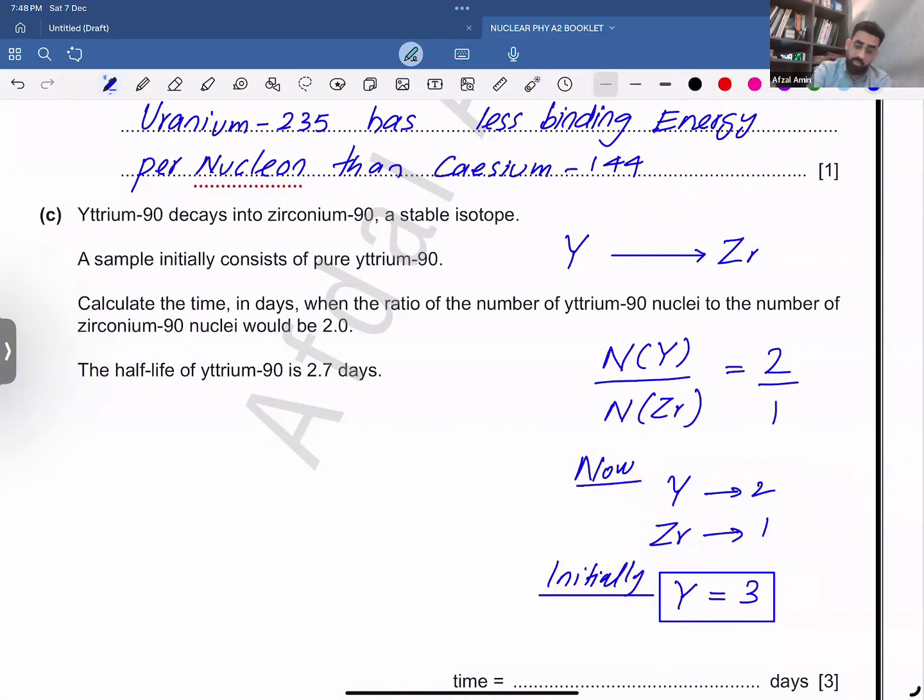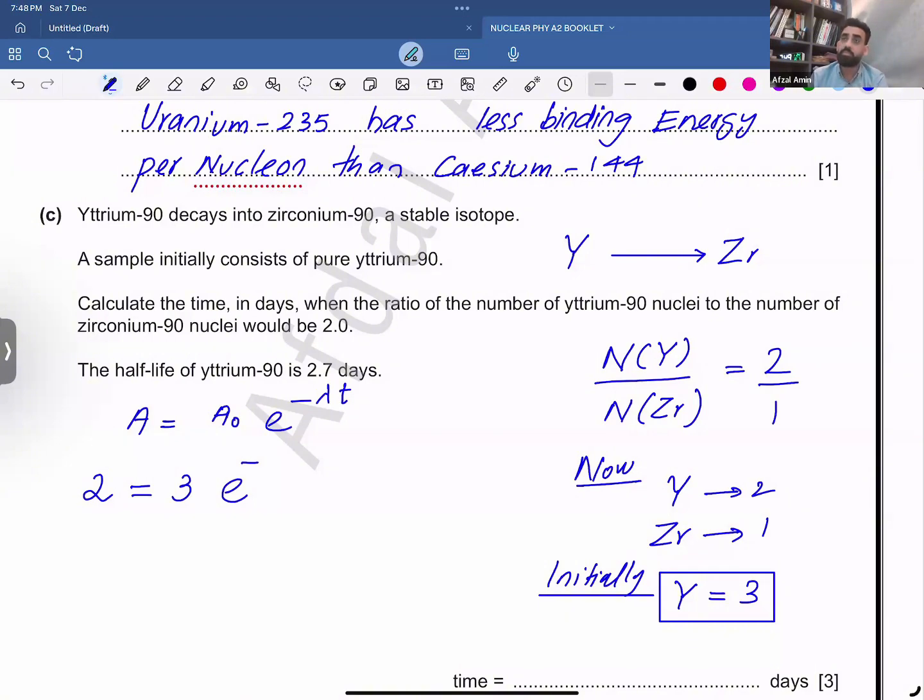It's a good question. So what do you do, my dear students, in this question? What is the activity formula? A is equal to A naught e power negative lambda t. A now is present, so present are 2 yttrium. Initially we had 3 yttrium. E power negative lambda t, where lambda is the decay constant. We don't have the decay constant, but half-life we have.